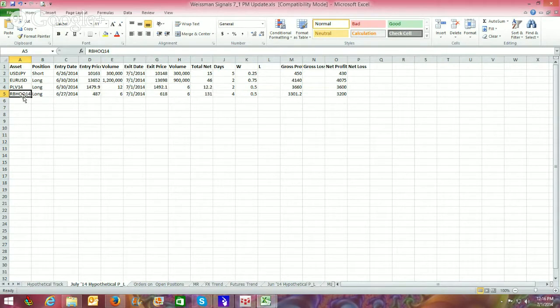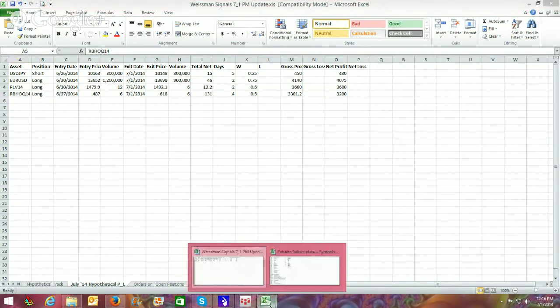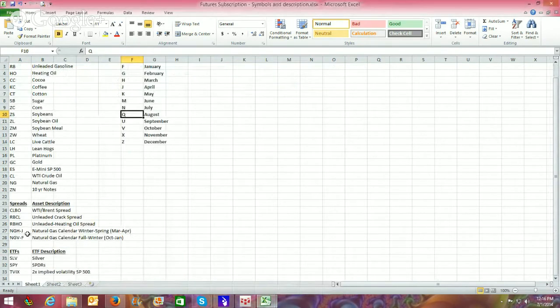Q, it was the August 2014. So here you can see how it relates to the core symbol here. It's the RBHO Q August 2014, and RBHO stands for unleaded gasoline heating oil, or some people now call it the unleaded diesel spread. It's the refined product spread.